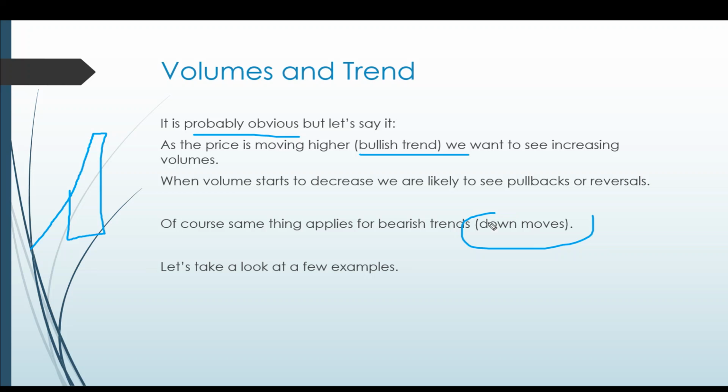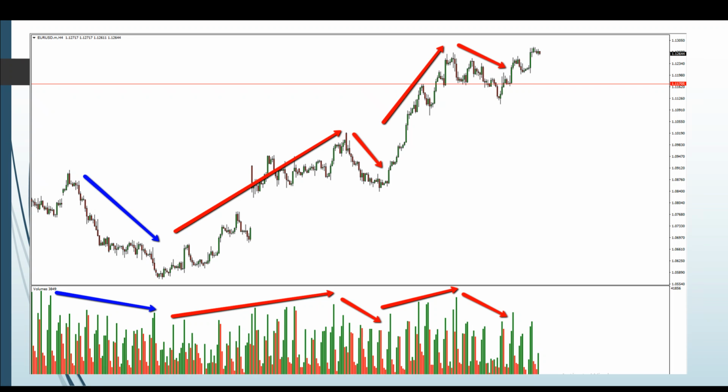Same thing applies, of course, for the down moves. So basically, price is moving in a trend, we see volume is increasing as well. That's the idea. When there will be pullbacks or reversals, we're going to see the volume decreasing as well. So let's go ahead and check out a few charts here.